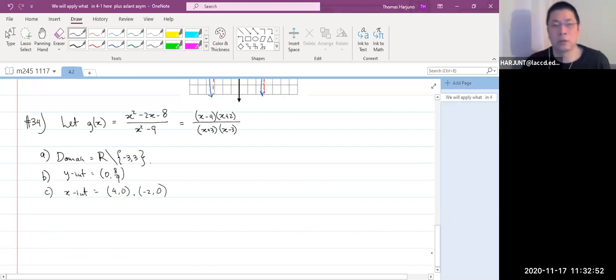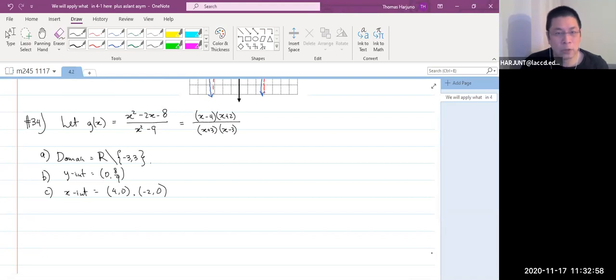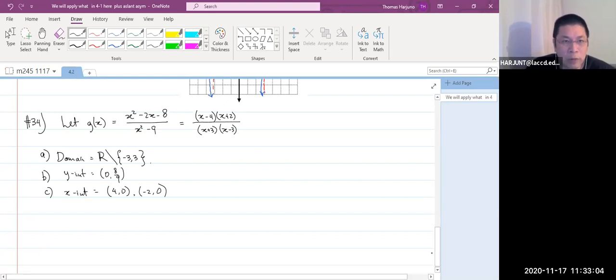Okay, no response. Here's the thing though. There are a lot of things to consider when it comes to graphing a rational function. But if you practice well, then for each one of these questions, you know what to look at.